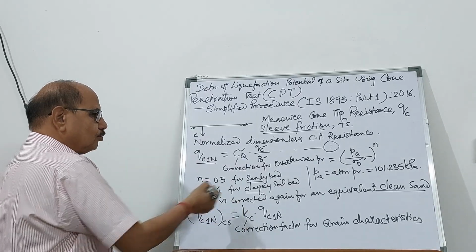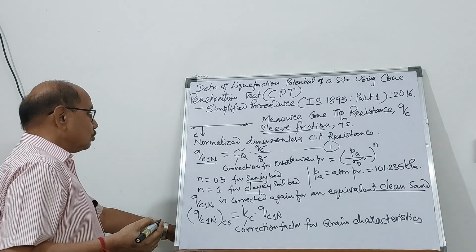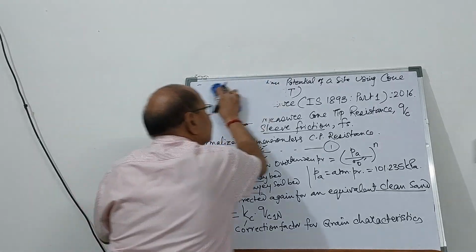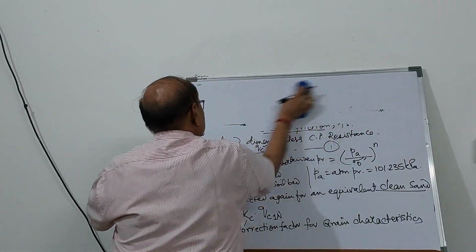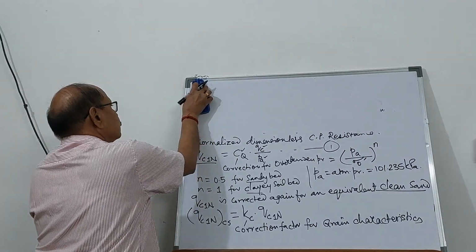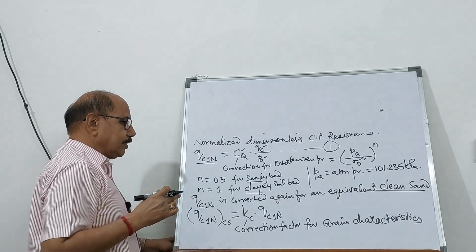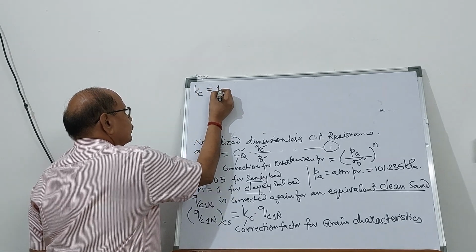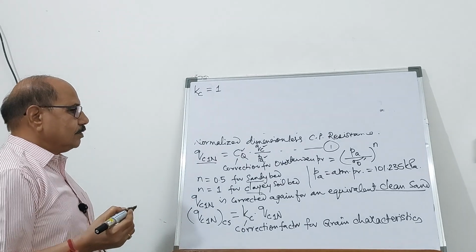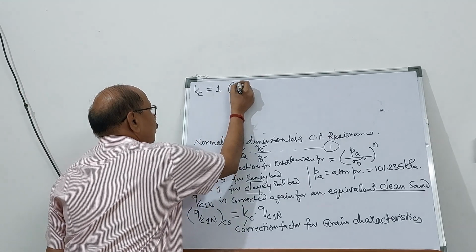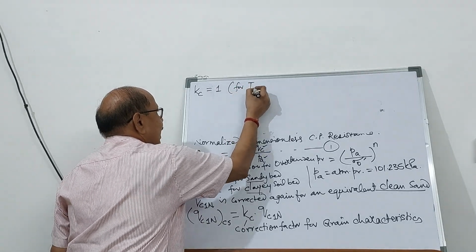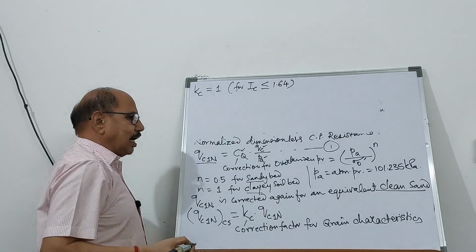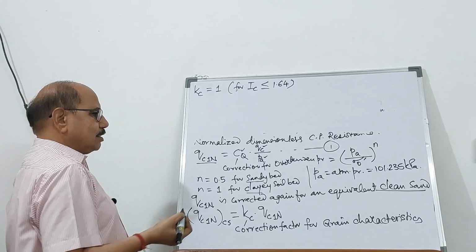So you need to find out the value of Kc. In order to find out the value of Kc, the expressions given in IS 1893 should be used. This Kc value is given equal to 1 for a non-dimensional quantity IC less than or equal to 1.64. We will see what IC is, how to calculate this.